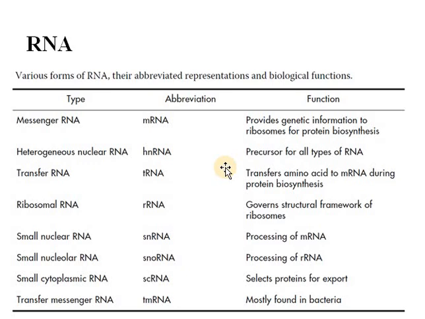There are other RNA structures as well, like transfer RNA. Transfer RNA transfers amino acids to mRNA during protein biosynthesis. Also another very important RNA, tRNA. Along with that, you have heterogeneous nuclear RNA, ribosomal RNA, and small RNAs also. Small nuclear RNAs, small nucleolar RNAs, transfer messenger RNAs. Mostly they are found in bacteria and so on.